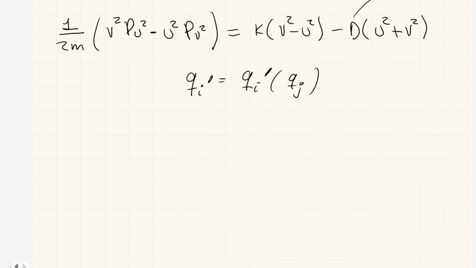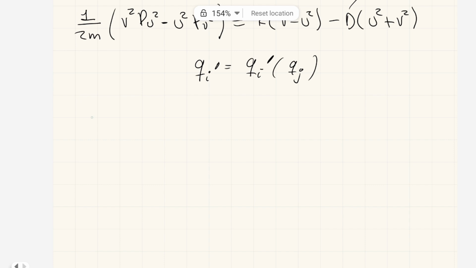So these prime coordinates will correspond to the u and v that we are using. So if we want to find the pi prime, which is the pu, for example, or the pv, we can use the definition of the Lagrangian formalism that tells us that the conjugate momentum is equal to the derivative of the Lagrangian with respect to the corresponding q dot of the pi. So this will be like this.